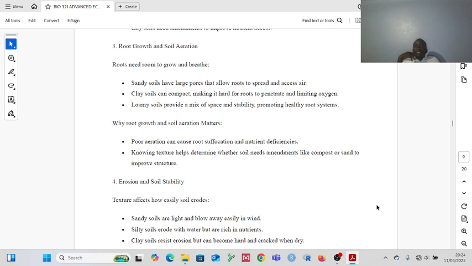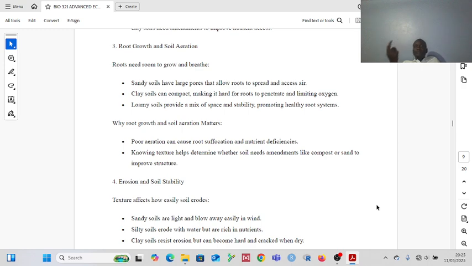Clay soils are compact, so it makes it difficult for the roots to penetrate. And as the roots cannot penetrate because of the small pore sizes, it means also the amount of oxygen present within a clay soil is very limited.